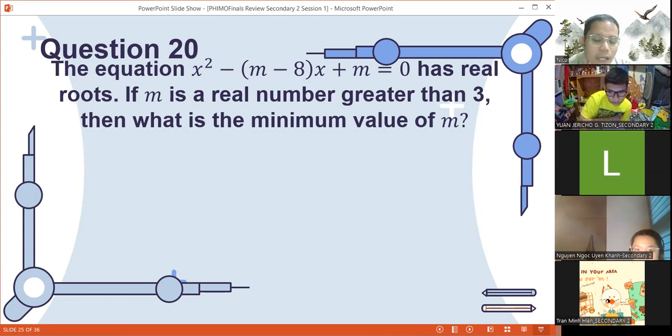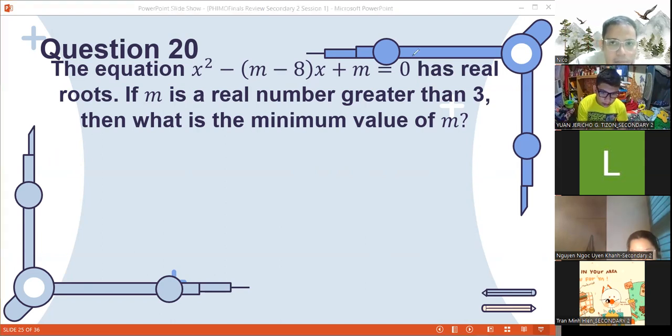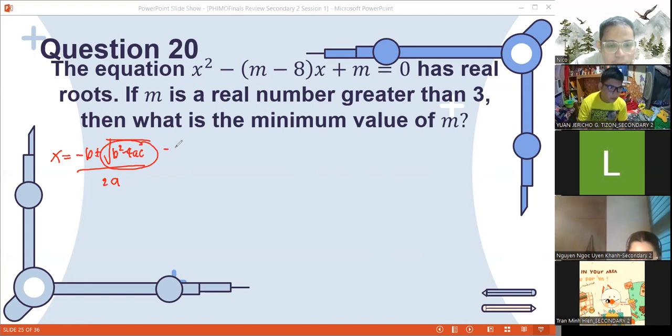The equation x squared minus quantity of m minus 8 times x plus m is equal to 0 has a real root, meaning in your quadratic formula, negative b plus or minus square root of b squared minus 4ac over 2a, if it's a real root, this part here will become b squared minus 4ac is greater than or equal to 0.